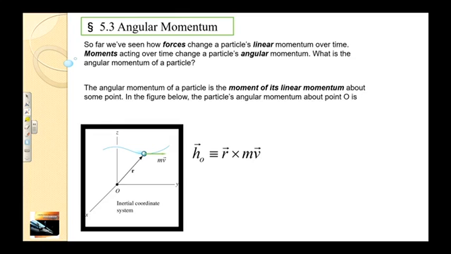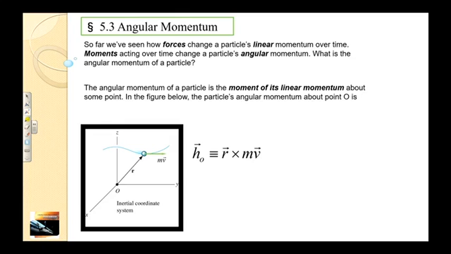Angular momentum at state 1 plus the integral of moment dt from 1 to 2 is equal to my angular momentum at state 2 for a single particle. That's how we can actually use this.